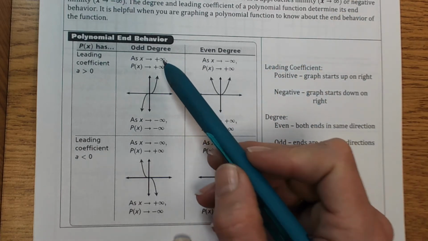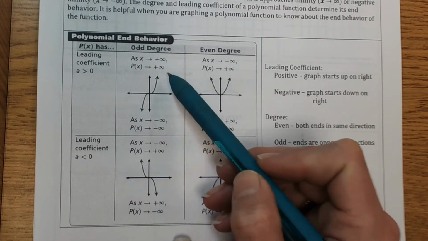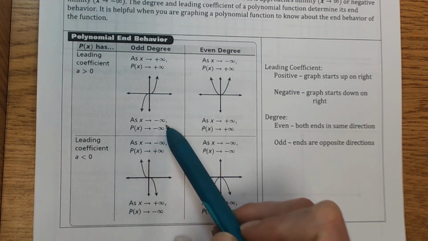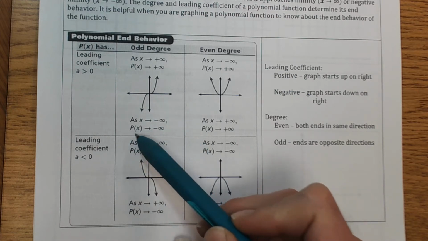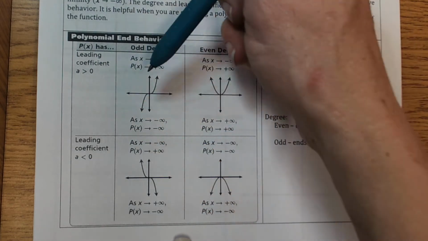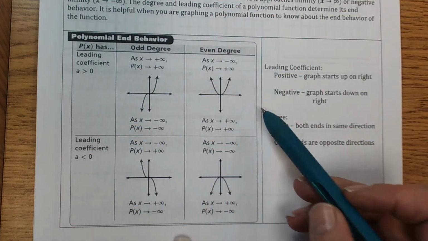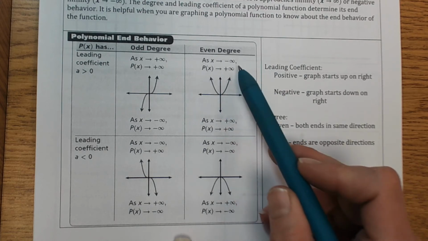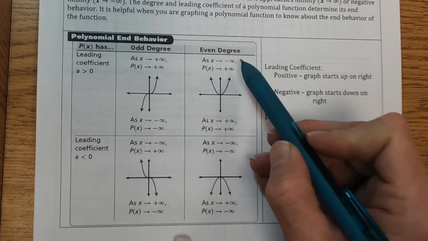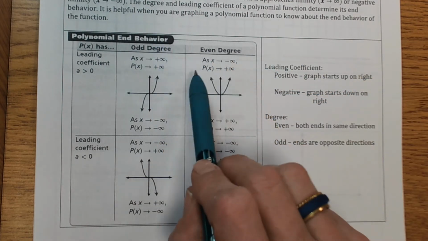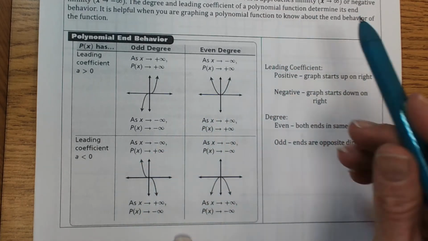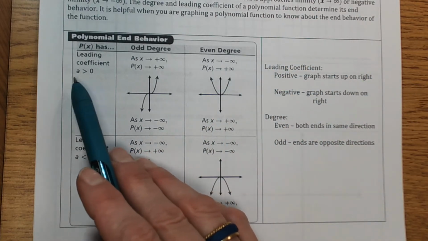Now, with odd degree functions, we talked about how they should be pointing in opposite directions. So as x goes to negative infinity, the function p of x is also going to negative infinity. As I go left, my graph is pointing down. Now, when we have an even degree function, we said they should end facing the same direction. So whether it's negative infinity, I'm going up, or positive infinity as I go to the right, I'm going up. That's all when our A is positive.